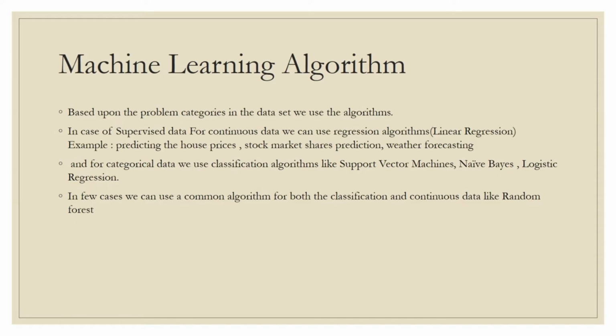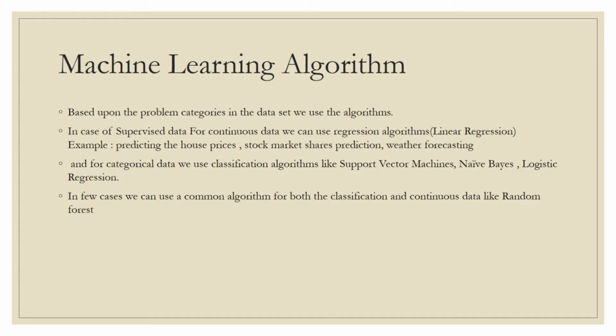Now, the discrete data is also known as categorical data. This categorical data is in the form of either 0 or 1, true or false, or yes or no. That means you can categorize things and you can easily come up to a conclusion. So, the algorithms for these are support vector machines, naive Bayes, which we shall discuss later on.